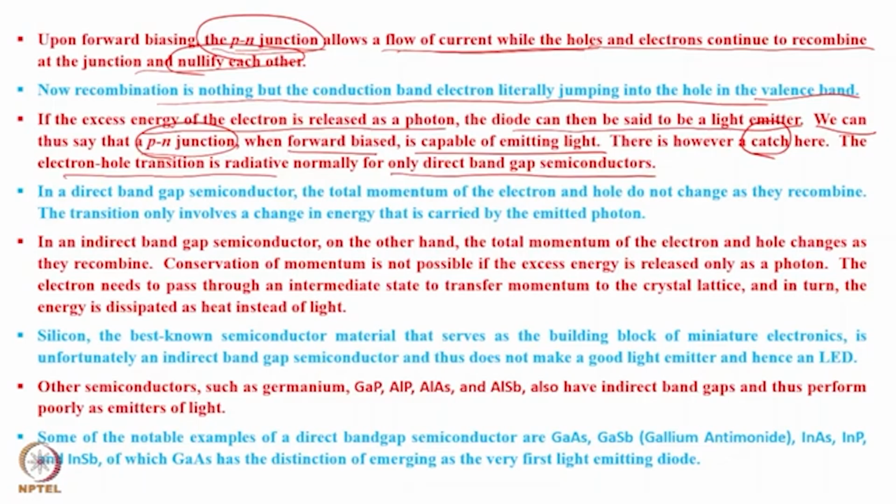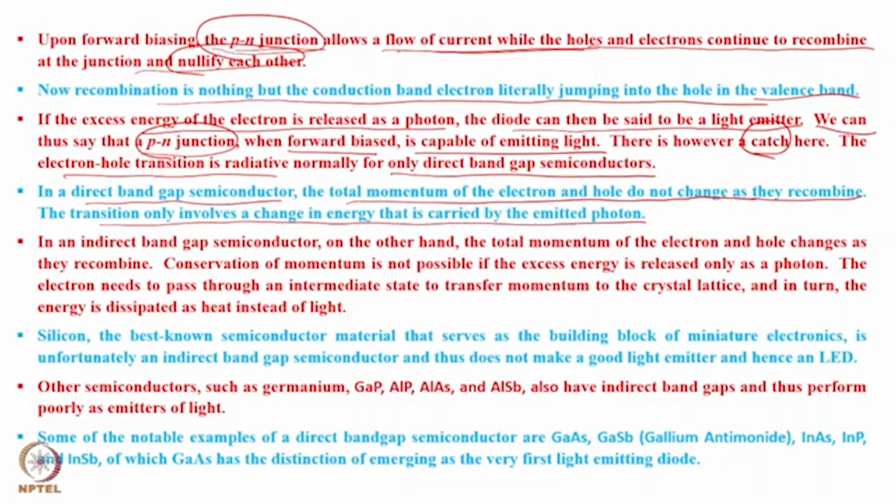You see, without going into any more detail, let me mention that in a direct band gap semiconductor, the total momentum of the electron and hole do not change as they recombine. The transition only involves a change in the energy that is carried by the emitted photon.